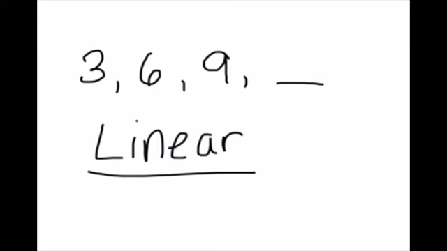That's what we are going to find out right now. So by doing that, the first thing that I should do is figure out the pattern. That would make the most sense. And so far I have a 3, 6, 9, and then our number that's missing. So right away, I'm noticing what happens when it was a 3 to when it turned into a 6.